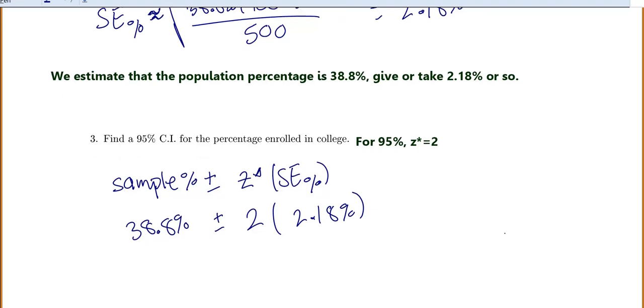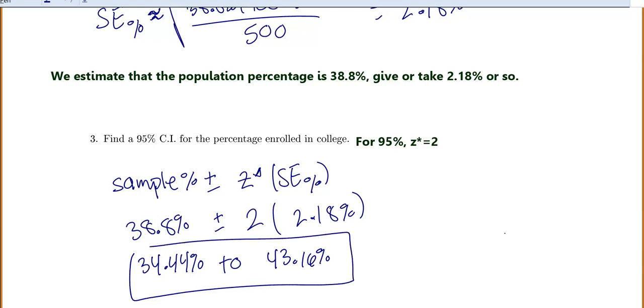So in my calculator, I'll do 38.8 minus 2 times 2.18. That gives me 34.44%. And now I'll do the same thing, but I just change the minus to an add: 43.16%. That is my 95% confidence interval.